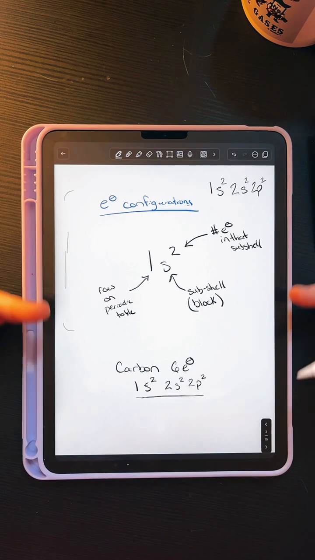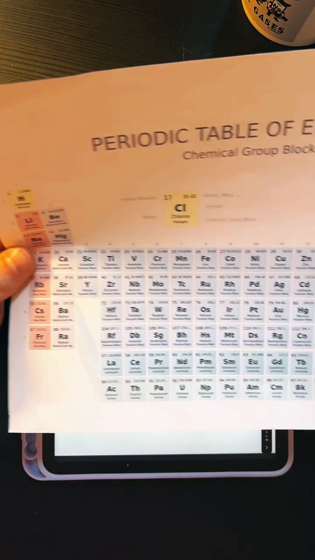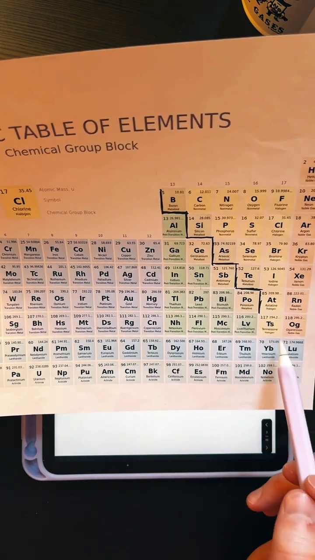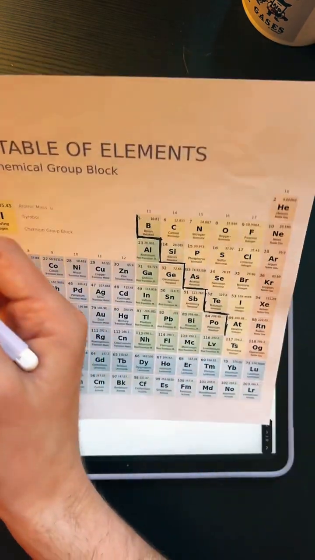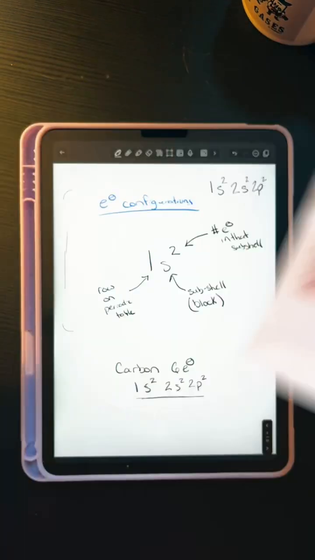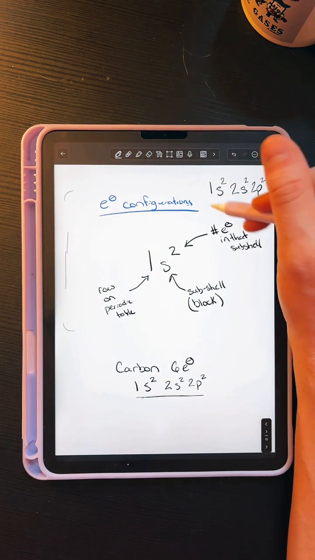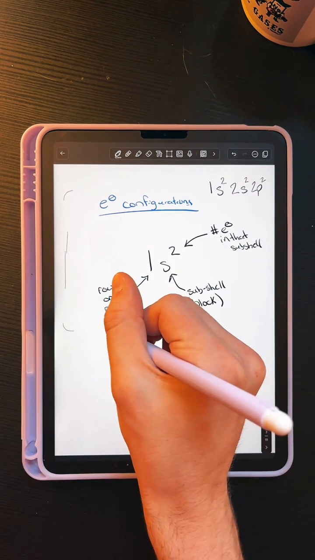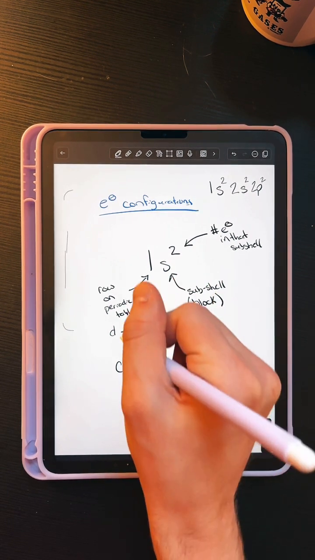Now you can do this for all of them, all the way down to like lead or even radon or anything like that. You start at the very top and you go all the way down. Now, these are the basic ones, so very, very basic. When we get down to the d orbital, it is row minus 1.